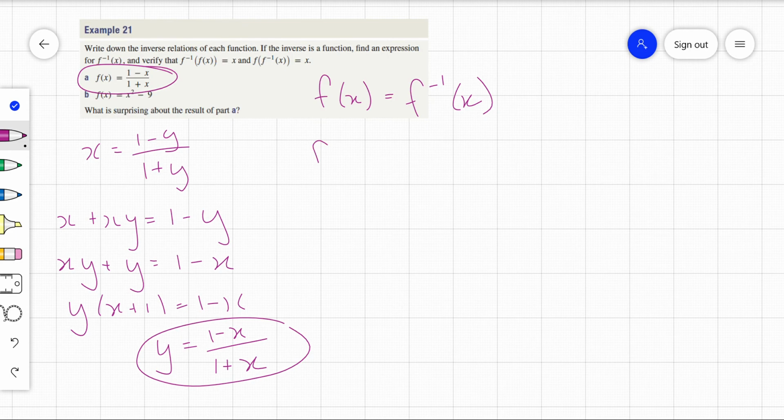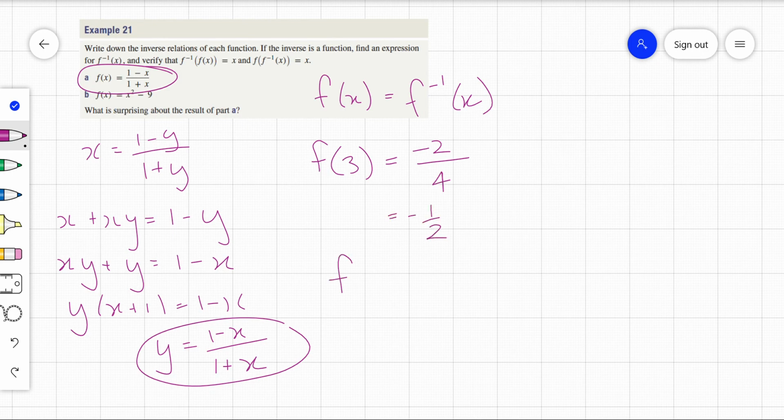All right, so if we, for example, put something in like f of 3 in, what would I get? I'd get 1 minus 3 on 1 plus 3, so I would get a negative half.